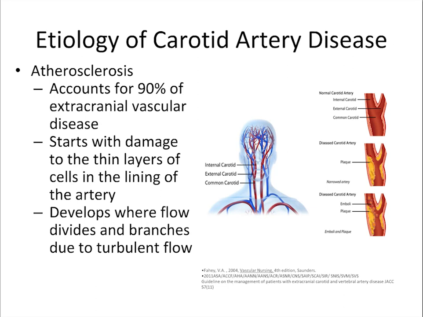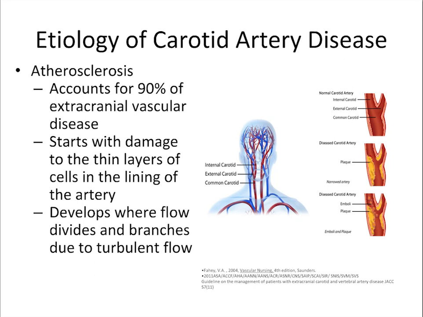Atherosclerosis causes ischemic symptoms by embolization and thrombosis. An ulcerated lesion occurs when the lining of the artery, the endothelium and fibrous cap, ruptures, exposing cholesterol deposits, which can then become emboli to the brain.